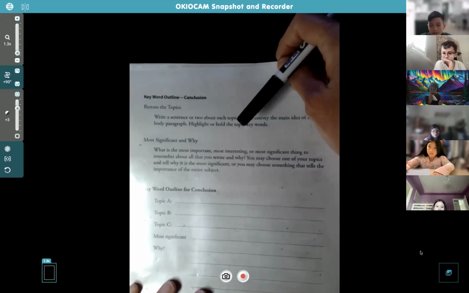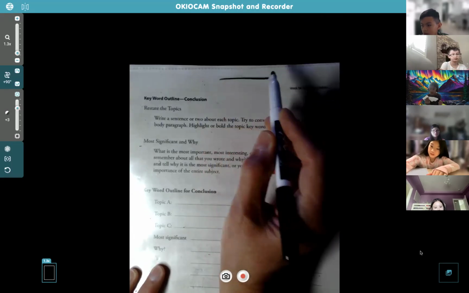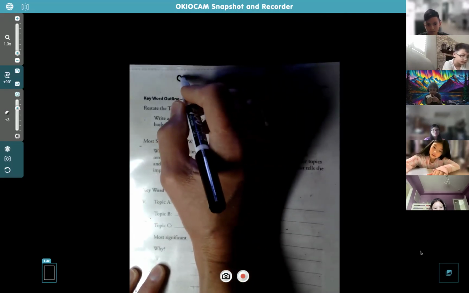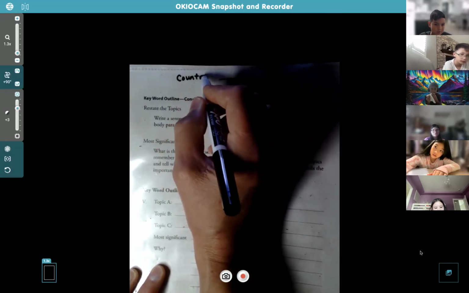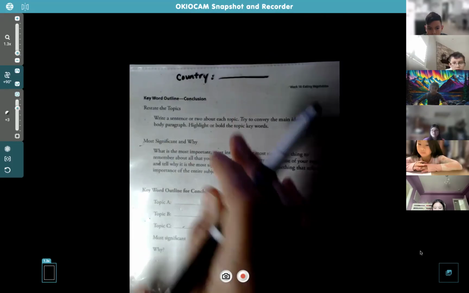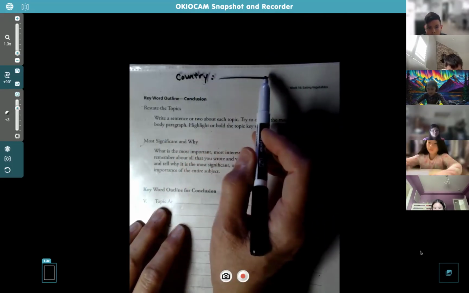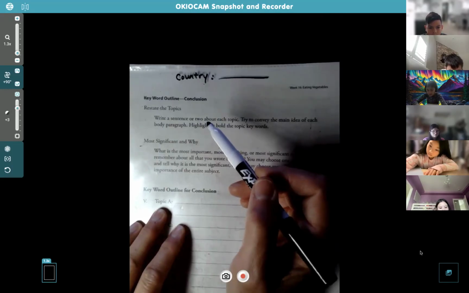I want you to put the name of your country at the very top of the page here. So I'm going to write the word country just to remind you. So if you wrote about Thailand, London is going to put Thailand there. Megan is going to put Ireland. Julio will put Japan. So you can write country, dot, dot, and then the name of your country.